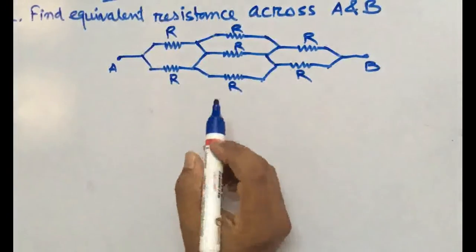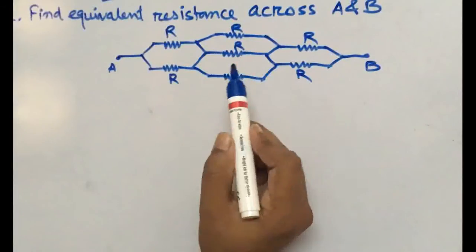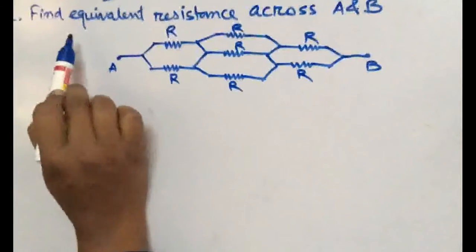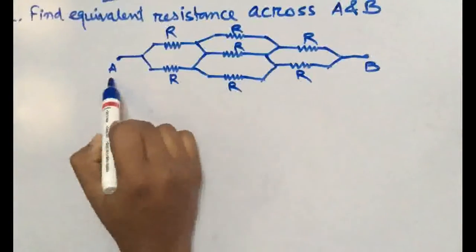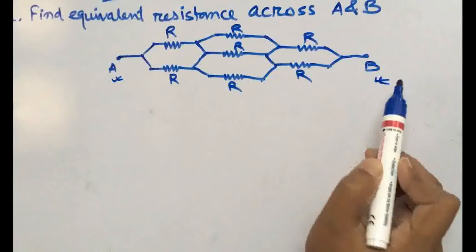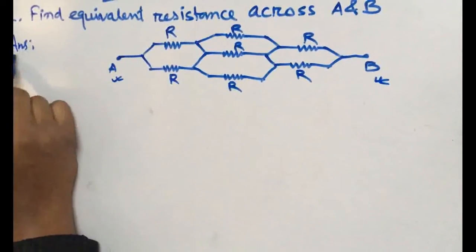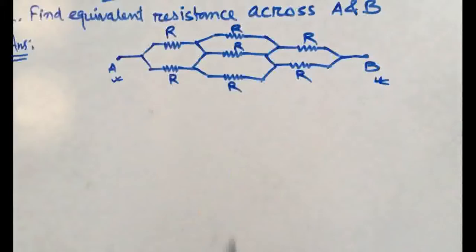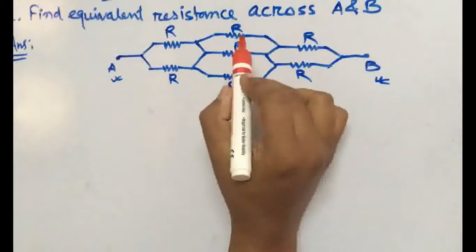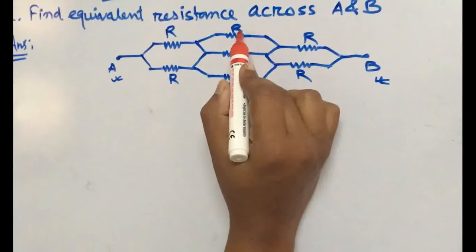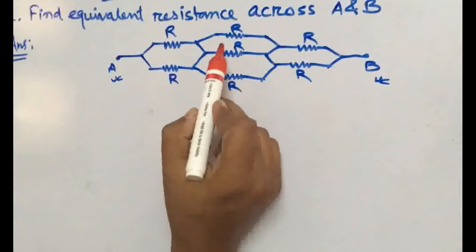Now let me show you all these things through an example. Find the equivalent resistance across A and B. To solve this question, first see properly these three resistances.